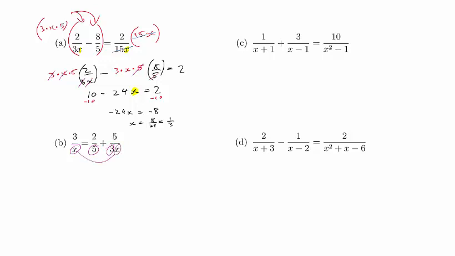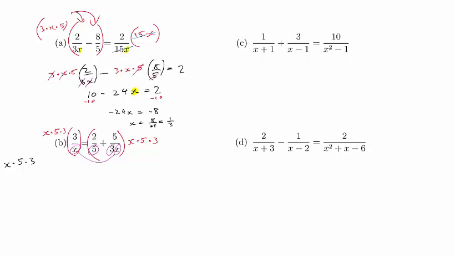So we're only going to write the x down once. So our lowest common multiple is going to be x times 5 times 3. Alright, that's it. So we're going to do that on both sides. And then over here, x times 5 times 3.